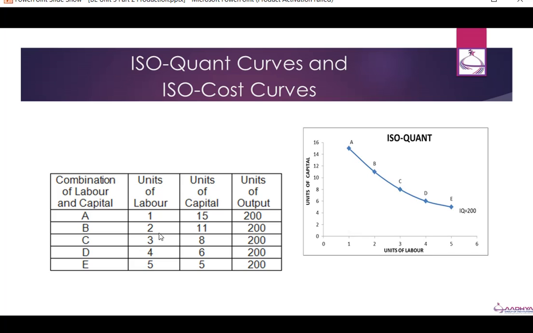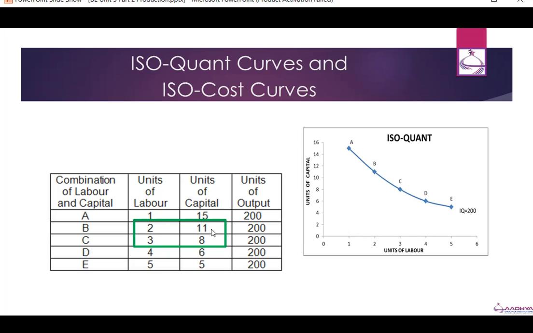But when you want to move from point B to point C, using more labor still, you add one more worker, that means a 50% increase in workforce from 2 to 3. There is a drop in use of capital from 11 to 8. That means 3 units of capital had to be sacrificed to hire one more worker.